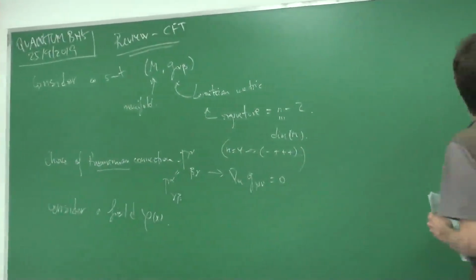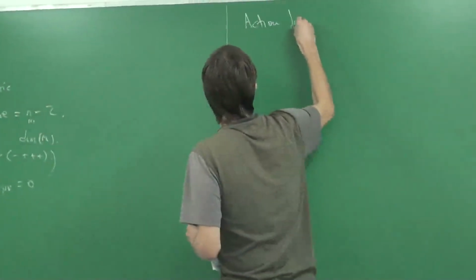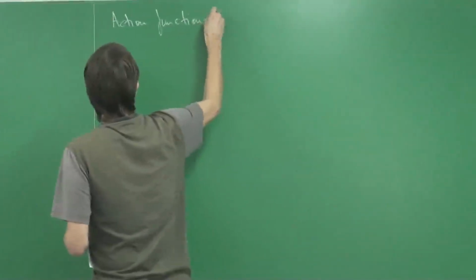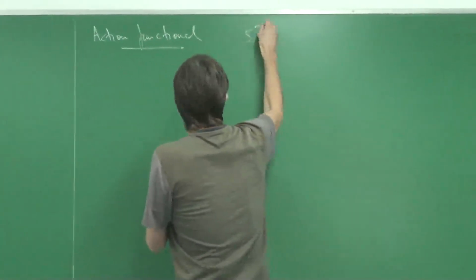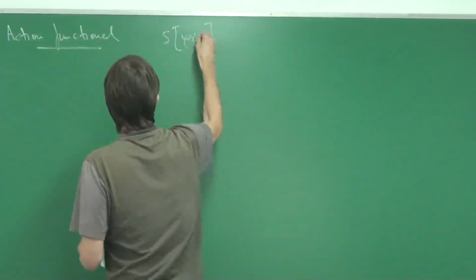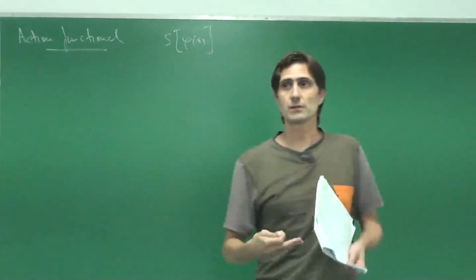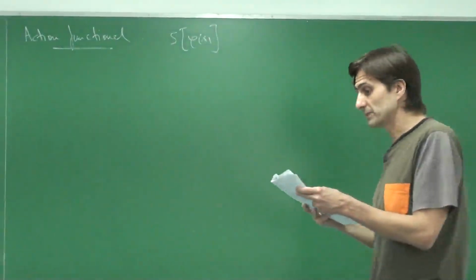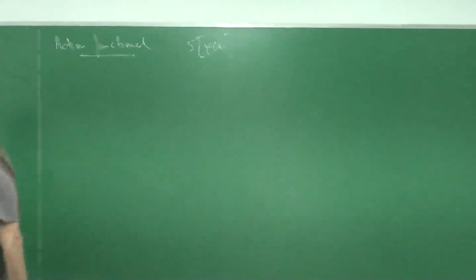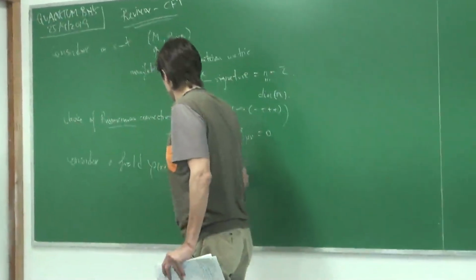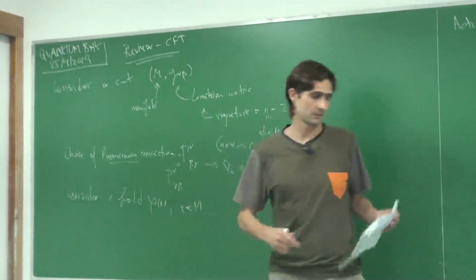And then you have your action functional. It's a functional because it's a function of phi, which is a function of the space-time point. So x obviously is a point in the manifold.